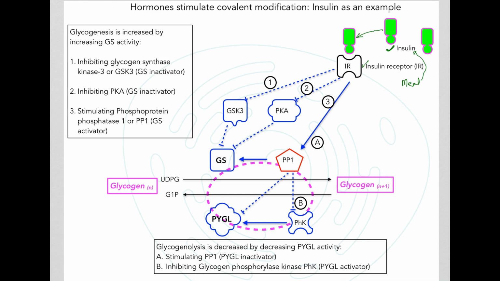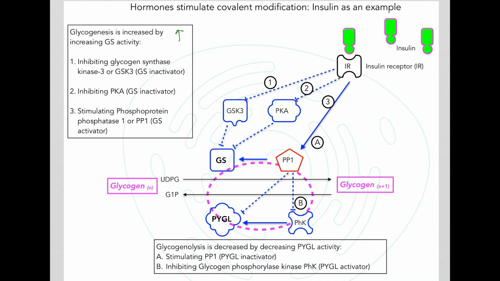And when the insulin binds insulin receptors, that will trigger the signal transduction pathway, cell signaling, and this cell signaling will lead to increased glycogen synthesis, increased glycogenesis, while at the same time decreasing glycogen breakdown, decreasing glycogenolysis.